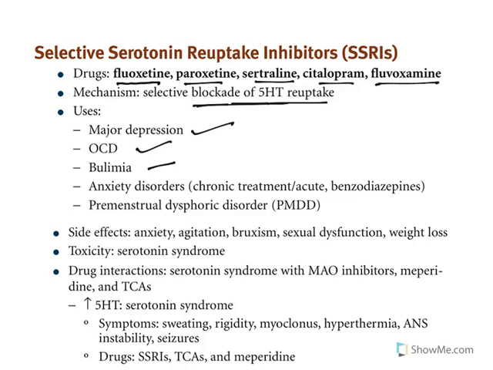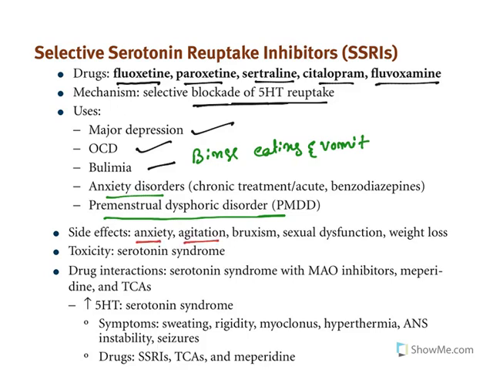Bulimia is a disorder characterized by binge eating and vomiting. This is a kind of neurological disorder which can be treated by SSRIs. Some of the anxiety disorders can also be treated, and premenstrual dysphoric disorder can also be treated by SSRIs. The major side effects are anxiety, agitation, bruxism, sexual dysfunction, and weight loss.